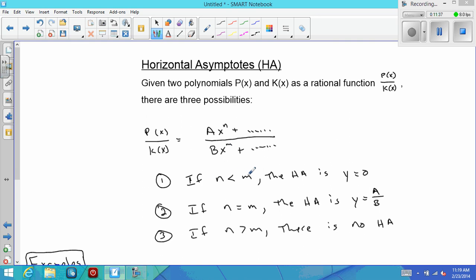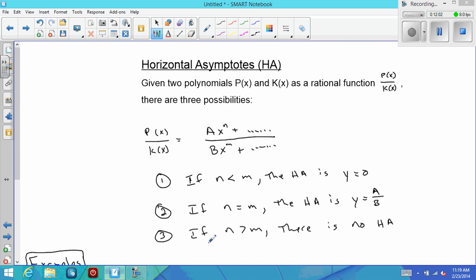And if n is greater than m, so the top is bigger than the bottom, the horizontal asymptote is simply y equals 0. Our second possibility is if n and m are equal to each other, the horizontal asymptote is the two leading coefficients written into a fraction, such as a over b.